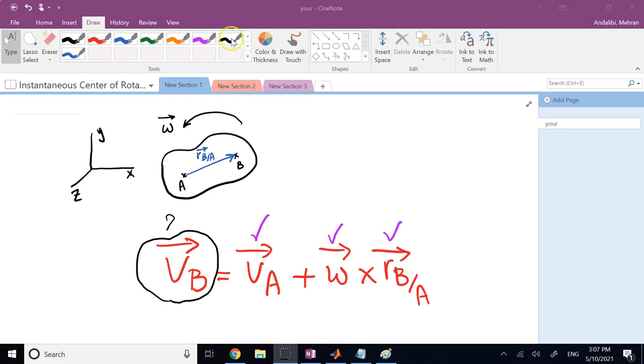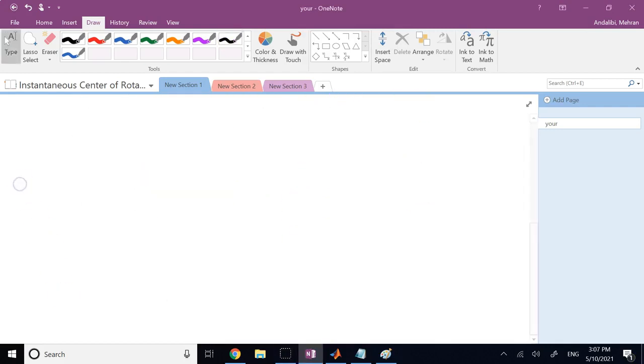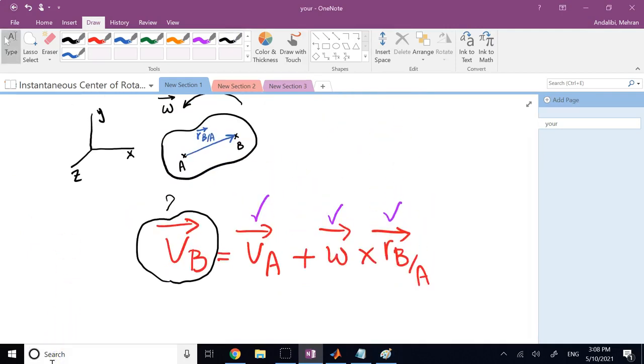So the idea for instantaneous center is this. Basically, one point on the rigid body in this formula has 0 instantaneous velocity. So for the moment, assume that this point A that I'm using to find the velocity of B has instantaneously 0 velocity.